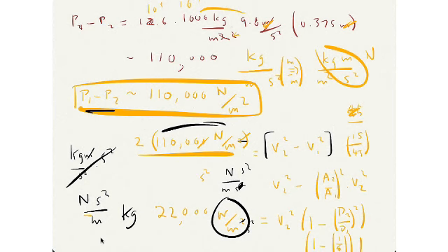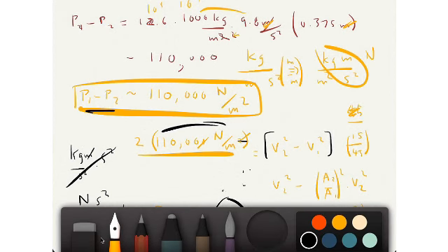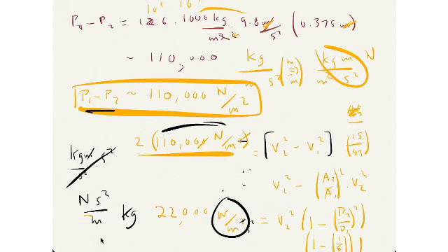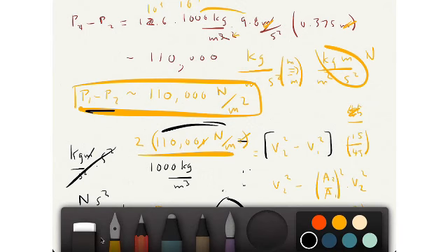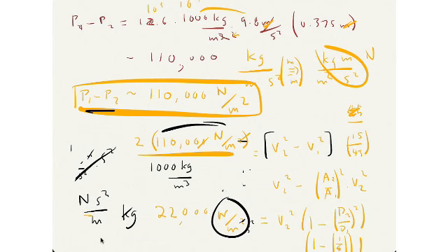So let me erase this. This should be density. Let's get this in here. And this should be density, which is what? Density of what? Water? Yes, water. Kilograms per meter cubed. Let me erase some of this stuff here.